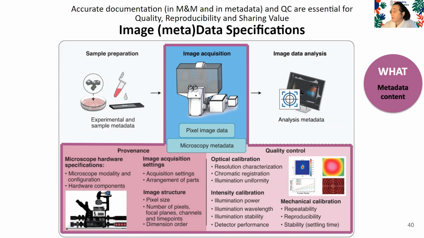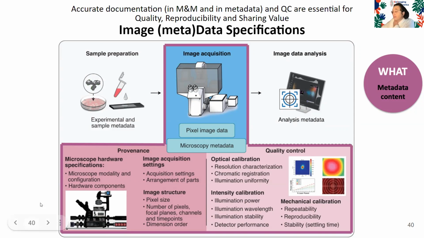An imaging experiment has multiple phases: sample preparation, image acquisition, image analysis. The microscopy metadata specification really concentrates on the image acquisition. And as Matthew was saying, these are actually compatible with providing information, for example, for depositing on BioImage archive.